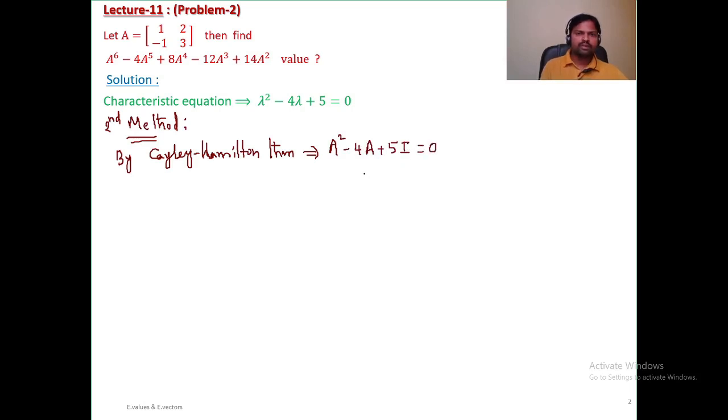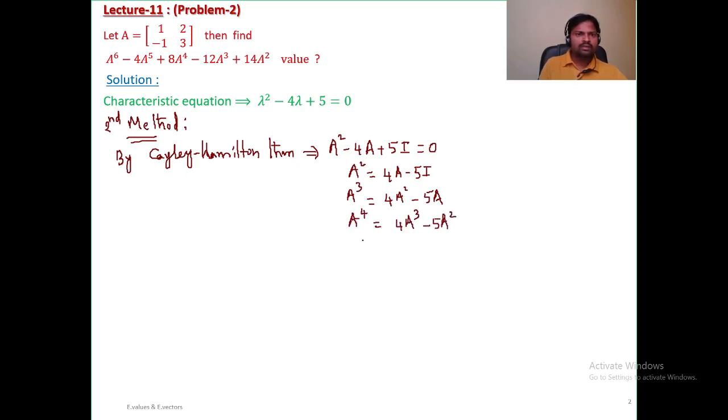From here we compute A square, which is 4A minus 5 times the identity matrix. If you multiply both sides with A, you get A cube equals 4A square minus 5A. Multiplying with one more A, you get A power 4 equals 4A cube minus 5A square.